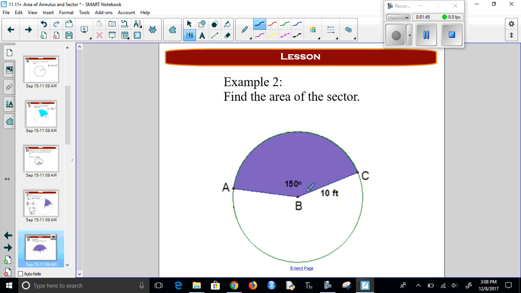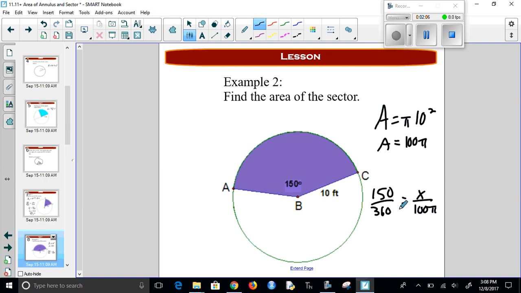All right, let's take a look at this. First, we find the area of the whole circle, pi times 10 squared, so that is 100 pi. Now we don't want the whole circle, we just want 150 out of 360ths of that. So I'll set up a proportion, 150 over 360 equals x over 100 pi.